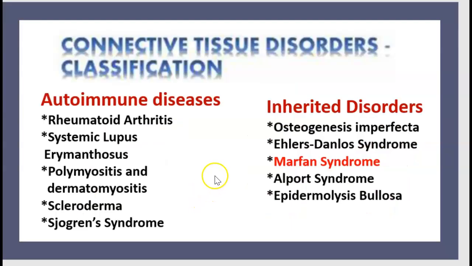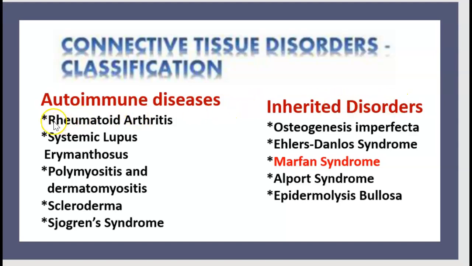Marfan syndrome is a connective tissue disorder, and this is the classification of connective tissue disorders. There are two types: autoimmune disease and inherited disorder.